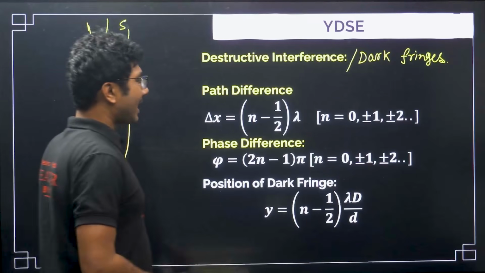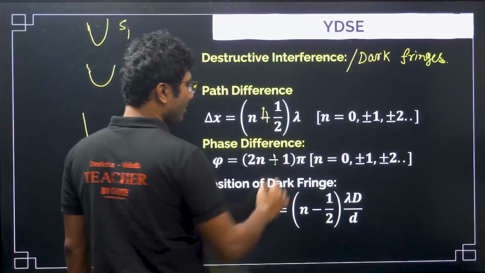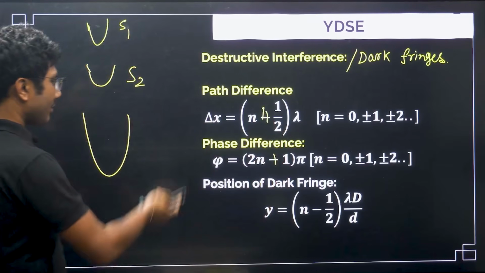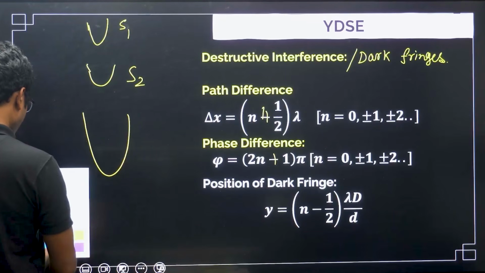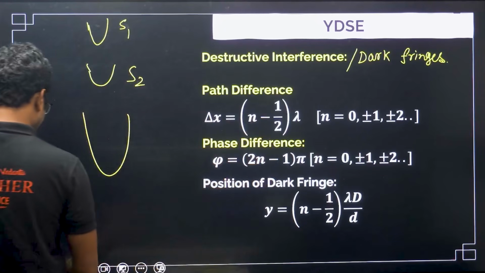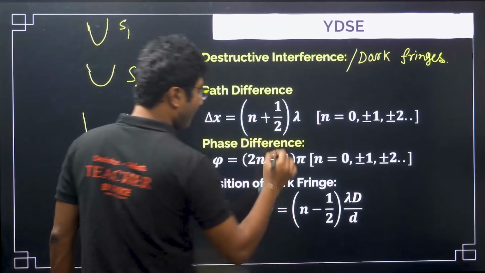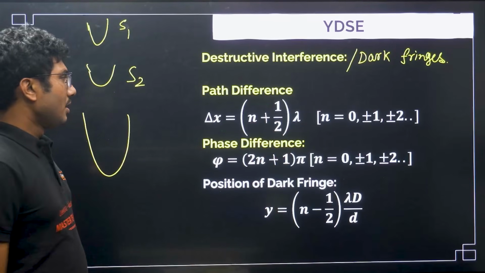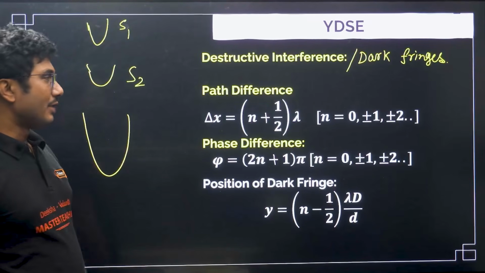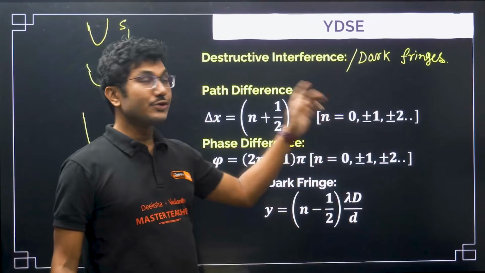You can write this sign as plus also, you will get the same result, because you are starting from n equals 0. So, let me write it as plus. This is simple: n plus half into lambda, where n is 0, plus minus 1, plus minus 2. Again, n has to start from 0, n is an integer.